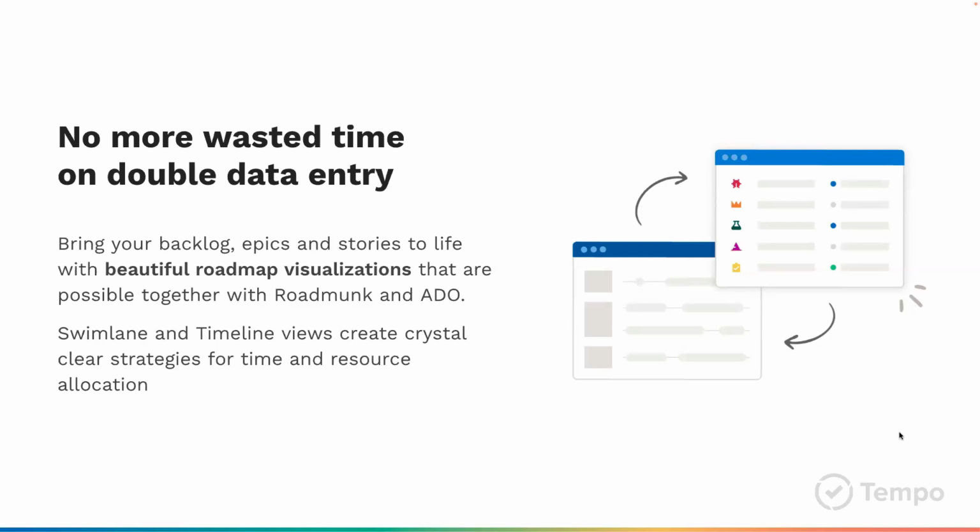So you're going to be bringing in your backlog, your epics, your stories to life with these beautiful roadmap visualizations that you're already utilizing within Roadmunk. And of course, the integration between the two is very flawless, and it's a great opportunity for your team. You can utilize both the swimlane and timeline views to create these crystal clear strategies, and it's going to ensure that it's going to be more efficient and a greater use of your team's time.